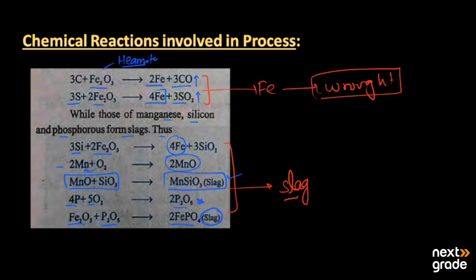With the removal of all these impurities in the form of slags, the melting point of the metal will also rise, and it will be converted into a semi-solid structure, which is called the molten iron. And at this stage, it is taken out from the process.